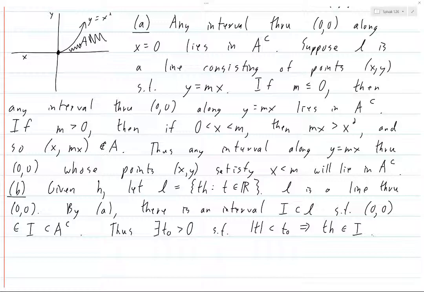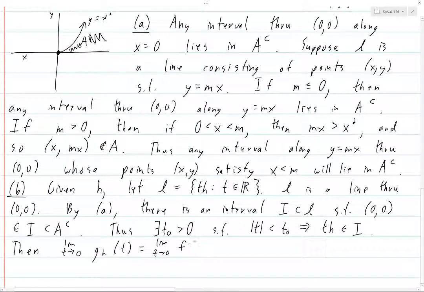So then we can actually take the limit as t goes to 0 of g_h(t). And this, by definition, is the limit as t goes to 0 of f(th).